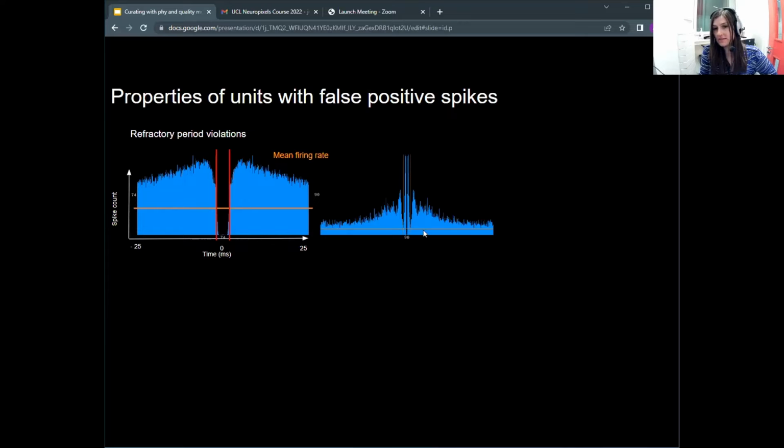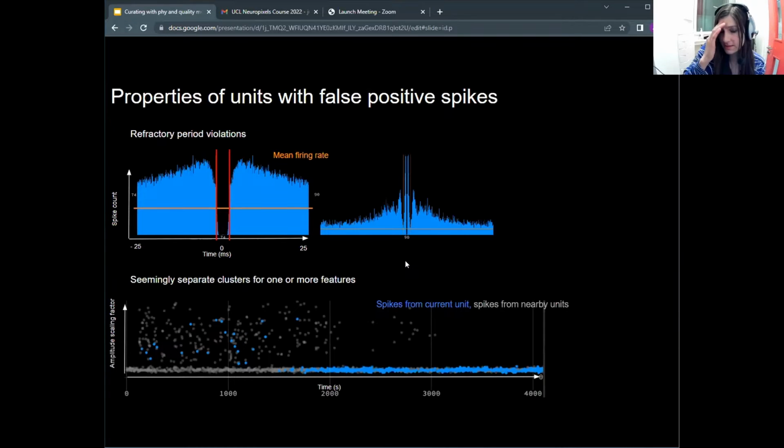A lot of these spikes are coming from more than one neuron because of that. But this is not always the case. You can also have scenarios where spikes from two different neurons have been wrongly assigned to one unit, and you do not see any refractory period violations.